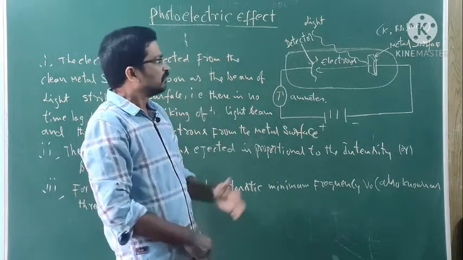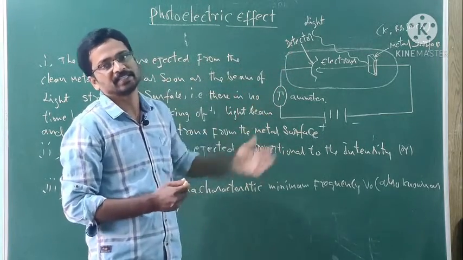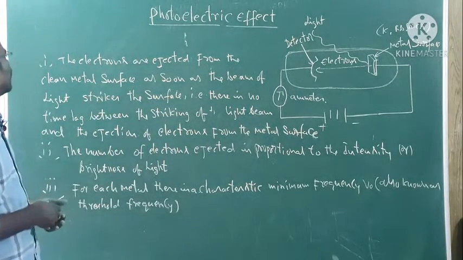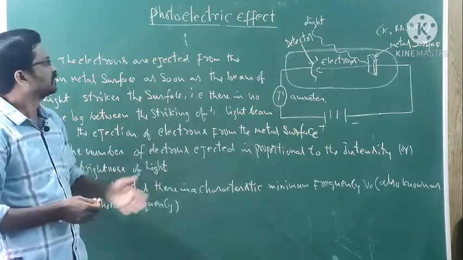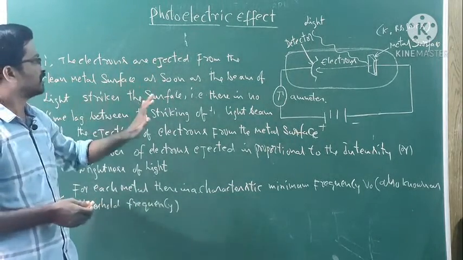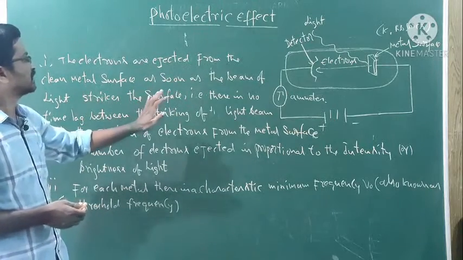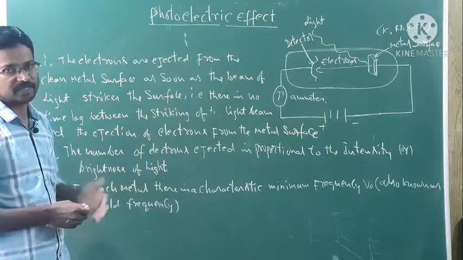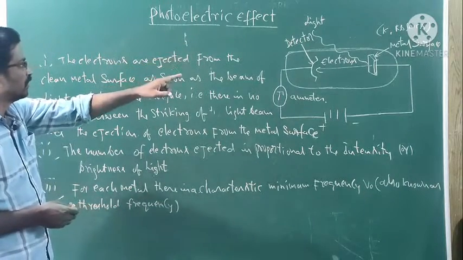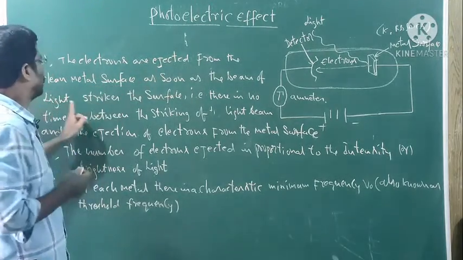From this experiment, he explained the first point: the electrons are ejected from the clean metal surface as soon as a beam of light strikes the surface. As soon as light strikes the metal surface, electron ejection takes place simultaneously.